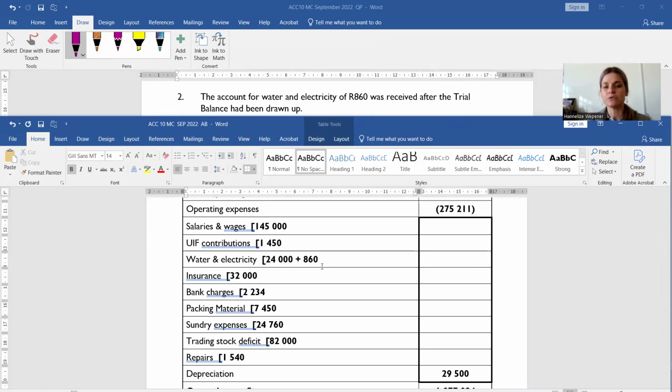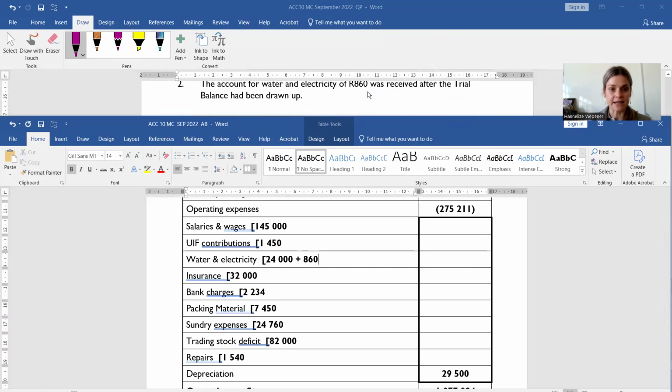But it says that we only receive this account after the trial balance had been drawn up, which tells us that we haven't yet made payment. So in the SFP, we would have now had an accrued expense under trade and other payables, and that is a current liability. So here's my debit, and then my credit would have been in the SFP.